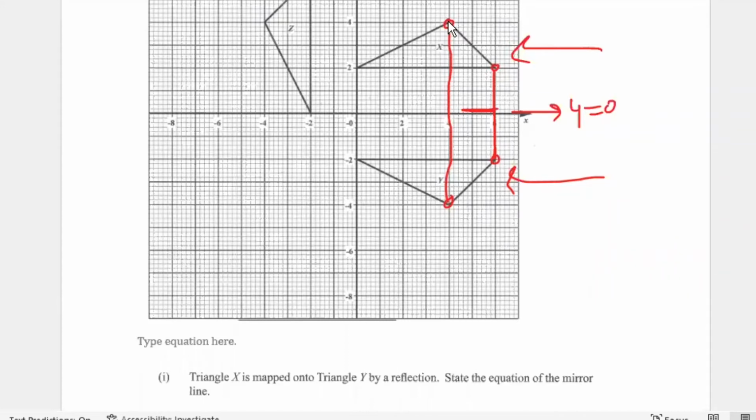If you divide 8 by 2, you get 4, which means the mirror line is 4 units away from each point. So it would be 1, 2, 3, 4. We still end up at the point where y = 0. At any point on your triangle, you will always end up at y = 0 as the mirror line, which is the line halfway between both the object and the image.